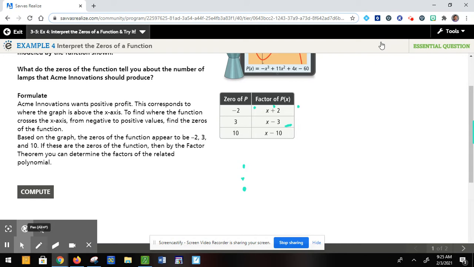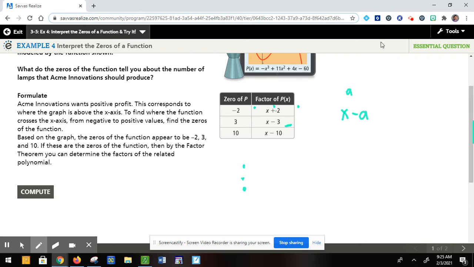Well, remember the factor theorem is if let's say a is a 0, then x minus a is the factor that it came from. So if the 0 is -2, x minus -2 would be x plus 2, right? Essentially the signs swap. If the 0 is positive, then it's x minus 3 because it's x minus the 0, right? And same with 10, it'd be x minus 10.